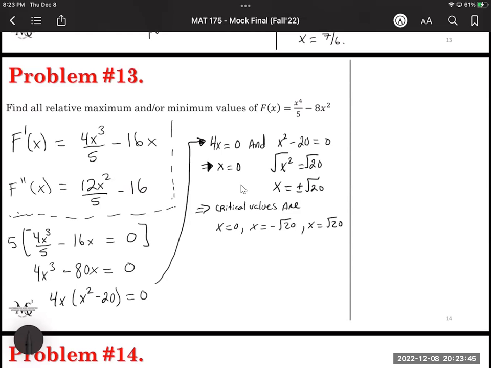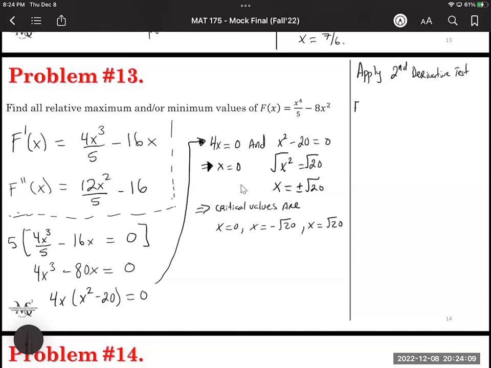After you find your critical values, you can go ahead and apply the second derivative test. If we apply the second derivative test, what we're going to get is the following. Again, each of these critical values, I got to plug it into the second derivative.